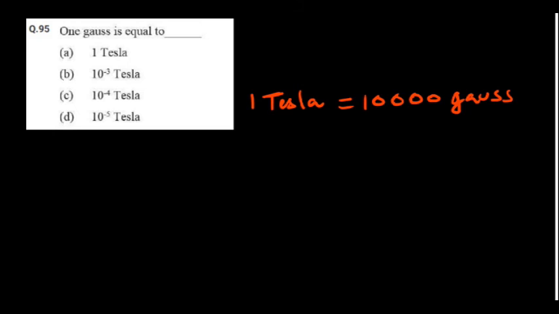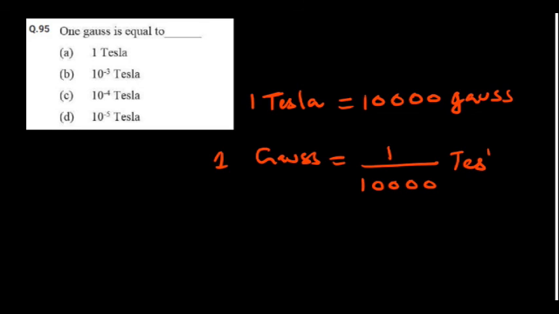Now, what is the question? 1 Tesla equal to 10,000 Gauss, so 1 Gauss equal to 1 upon 10,000 Tesla. What is the answer? 10 to the power minus 4 Tesla.